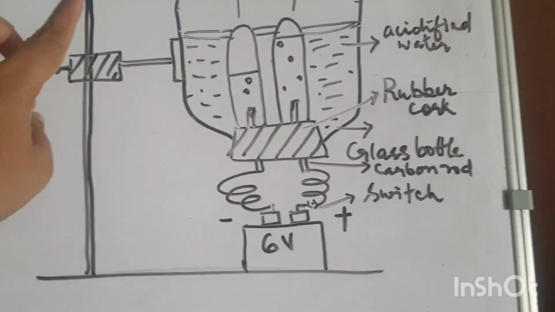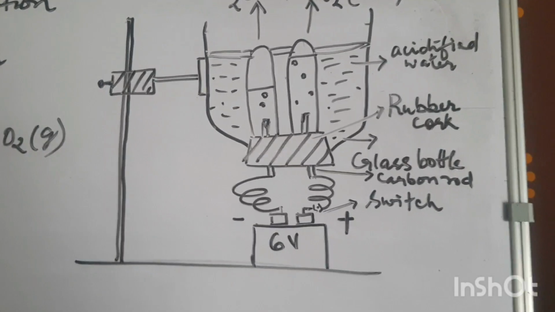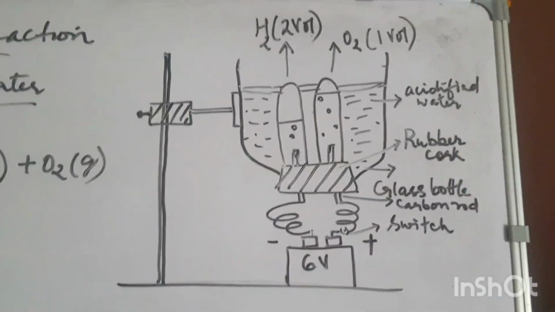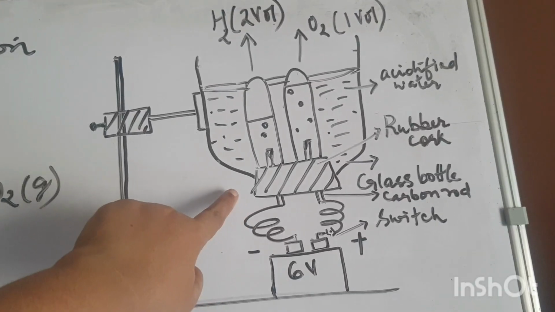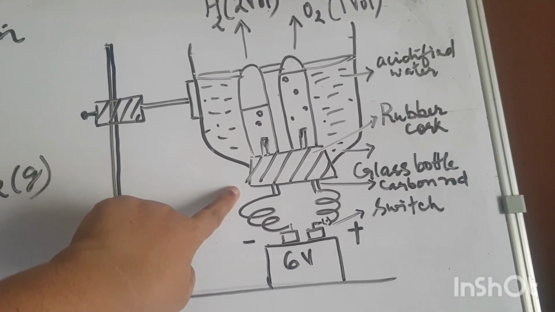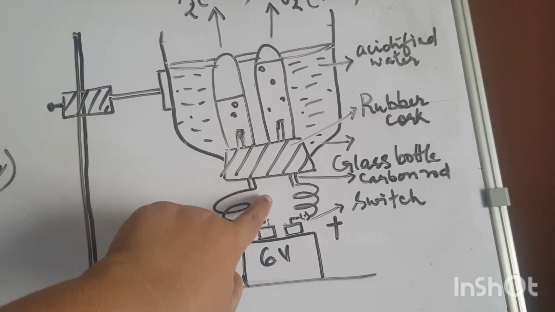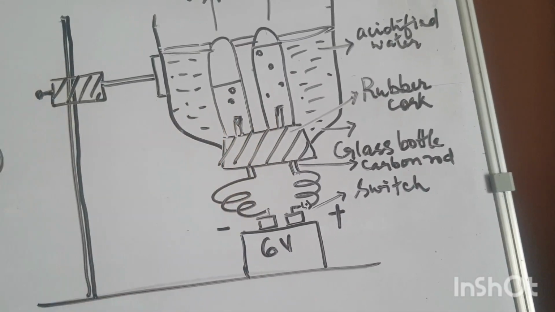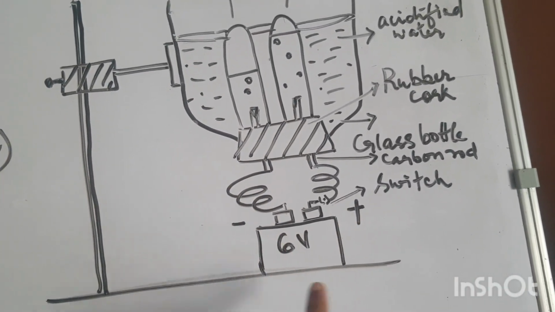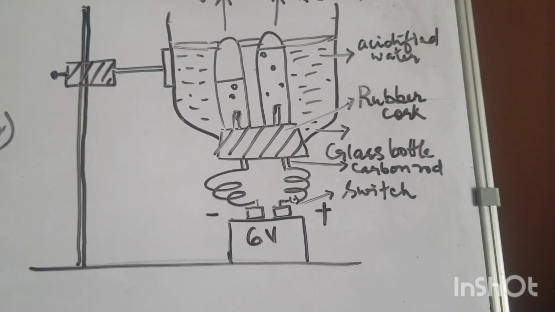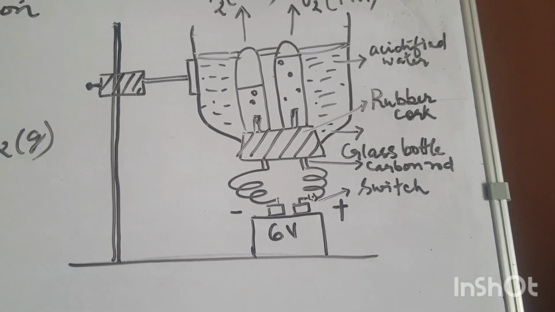So here I have the stand. I have a setup like this, okay, in which I have taken an inverted glass bottle, and on the mouth of it I have the rubber cork connected by means of these carbon rods, okay, connected by means of wire, by means of a switch to a battery, that is 6-volt battery.